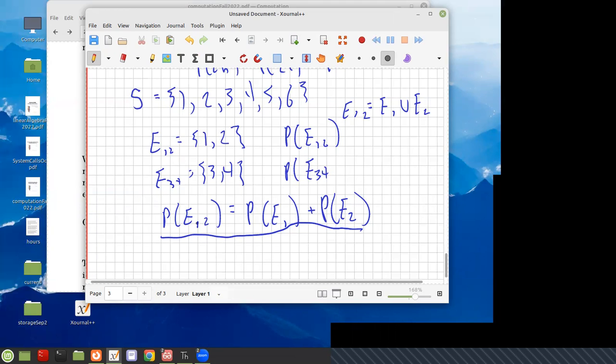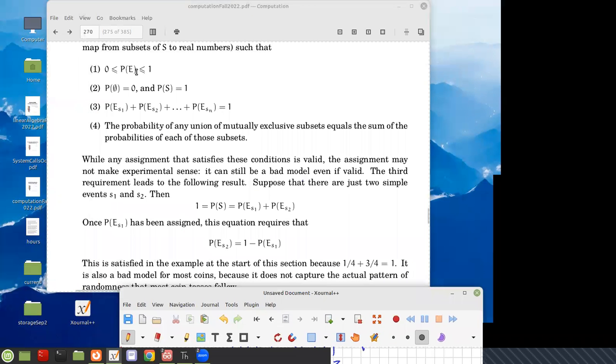So I can't freely choose all the probabilities of different events. What I can basically freely choose is the probabilities of the simple outcomes 1 through 6. Then I can build up everything else by means of this rule. So if I assign probabilities that satisfy these rules, I have a valid probability model.